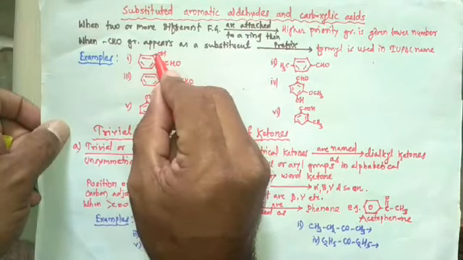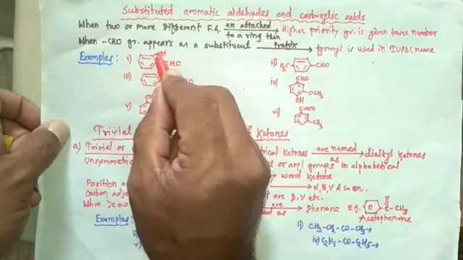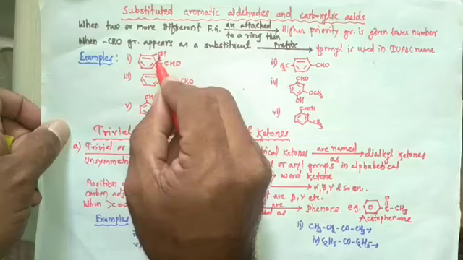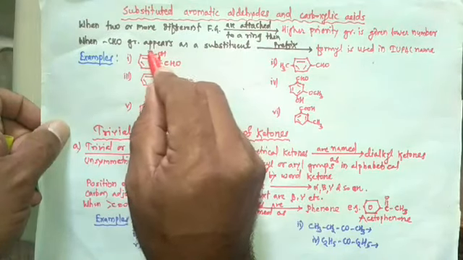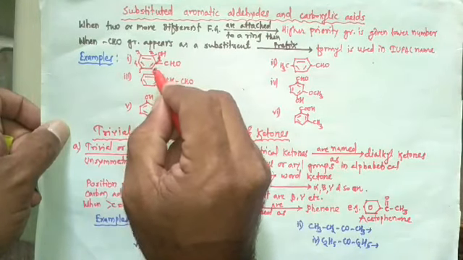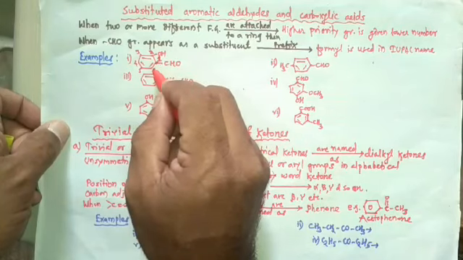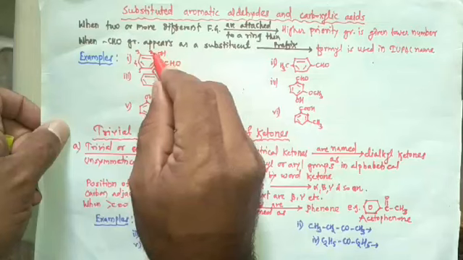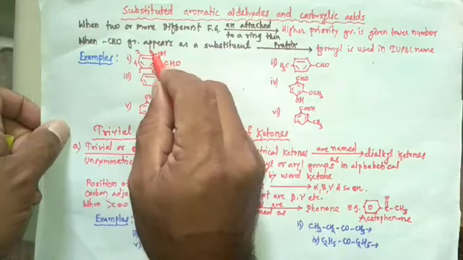The hydroxyl group is present on this carbon atom, so we number 1, 2, 3, 4, 5 and 6 in this direction. If the OH group were present toward the other side, we would number from that side, but the OH group is present here, that's why we number this as 1 and here 2.